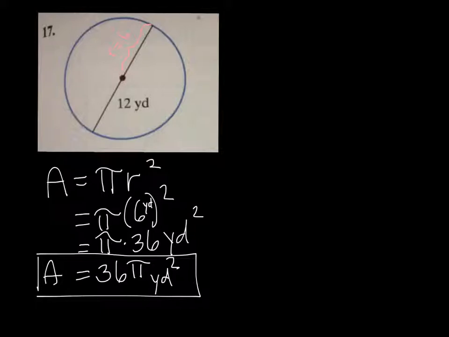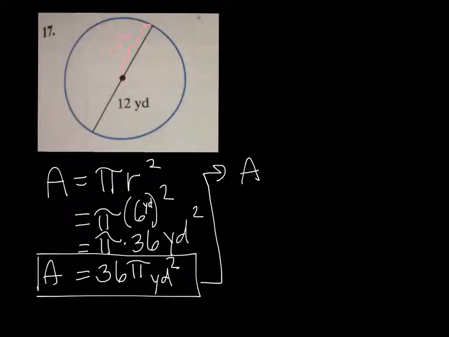So for the nearest tenth place, I'm just going to plug in, your calculator should have a pi. If it doesn't have a pi, you can use 3.14, which is an approximation.